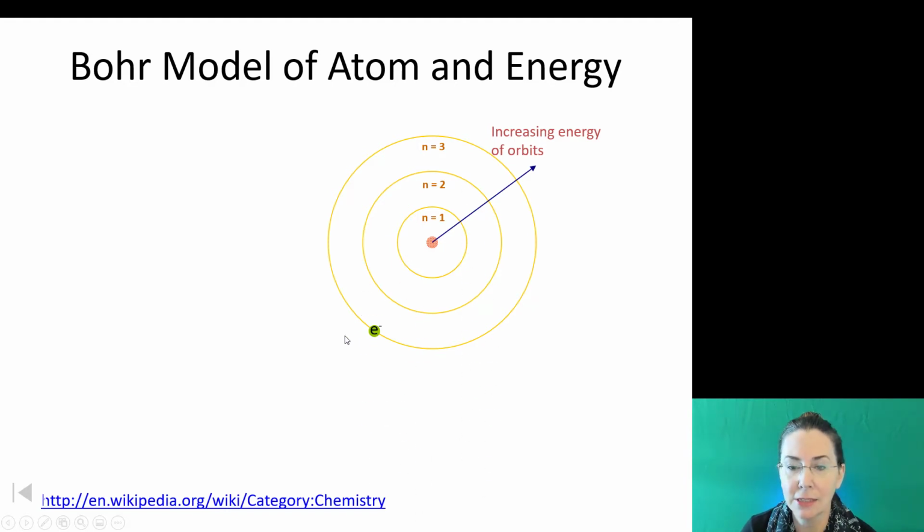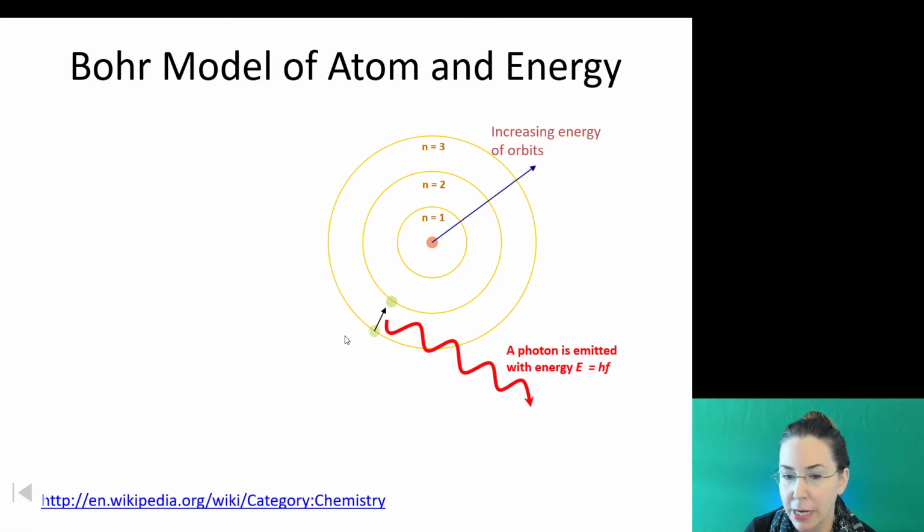If that electron were to fall down to a lower energy level, it would release the energy that it had absorbed to get up to that third level when it falls back down to level 2. And that energy that it releases would be a photon of light. This is literally where light comes from.